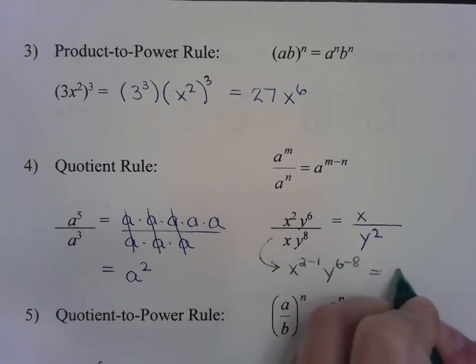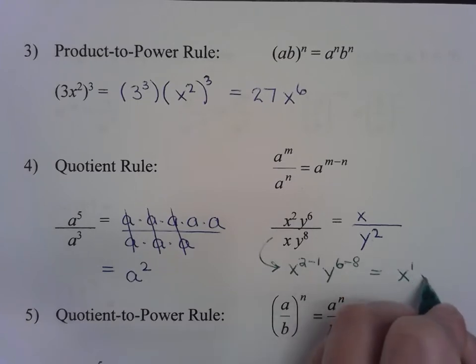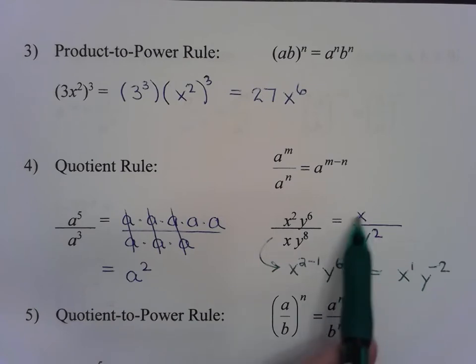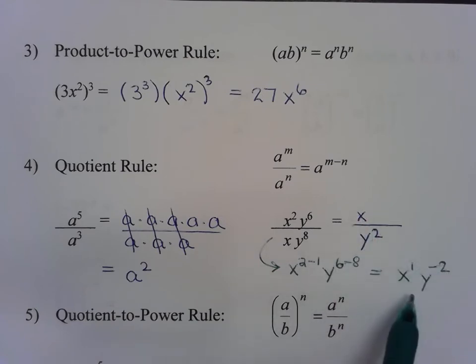And that's going to give you x to the 1, or just x, and y to the negative 2. Okay, in just a minute, we're going to talk about negative exponents. That's its separate property. So this negative 2 is what's going to put that y down into the bottom of a fraction. So this and this would be the same. And you'll see that in just a minute.